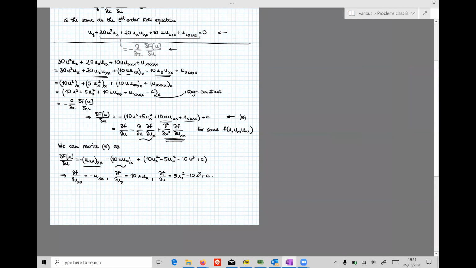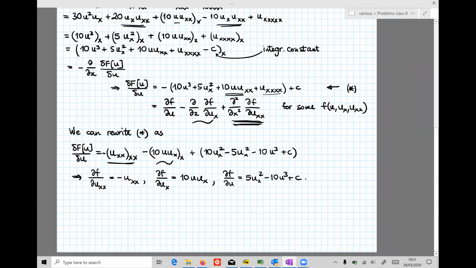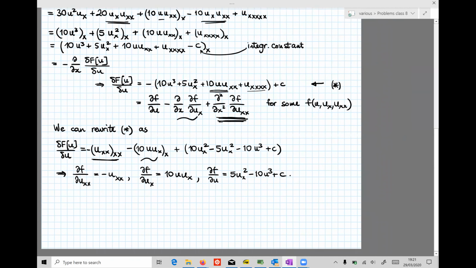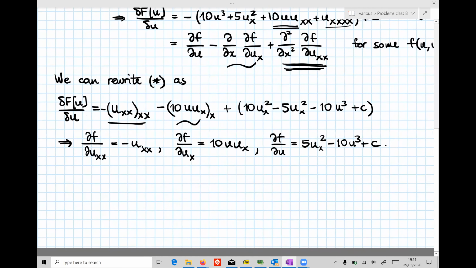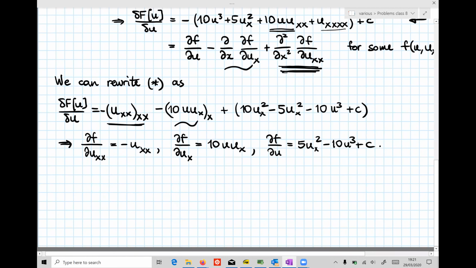Okay, so a priori, these are three equations. It's not obvious that we can solve them in terms of a single function f of u, ux, uxx, but hopefully we can, because that's the exercise. So let's just integrate the last equation first, and then we'll check whether the first and second equations are also satisfied.